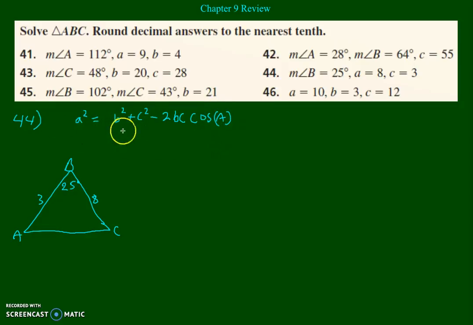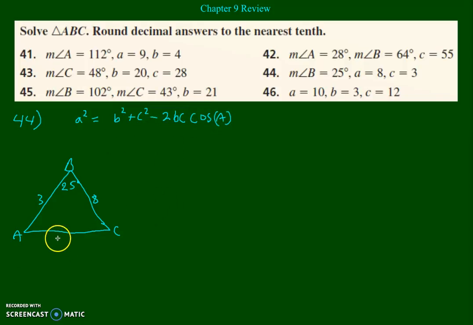And this is the same depending on which side you're looking for. These sides would change. So looking for B, this would be B squared equals A squared plus C squared minus 2AC cos B, and so on and so forth.